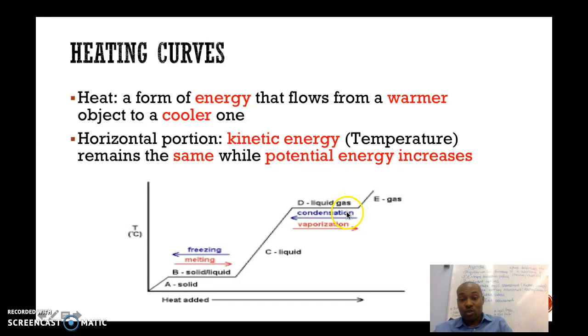When it goes from a gas to a liquid, we call it the condensation point. And then this final portion here represents when the substance is in the gas phase. So all of the flat parts are very important parts. Those are all the transitional parts. That's telling you that the kinetic energy is basically staying the same as it's making its transition.